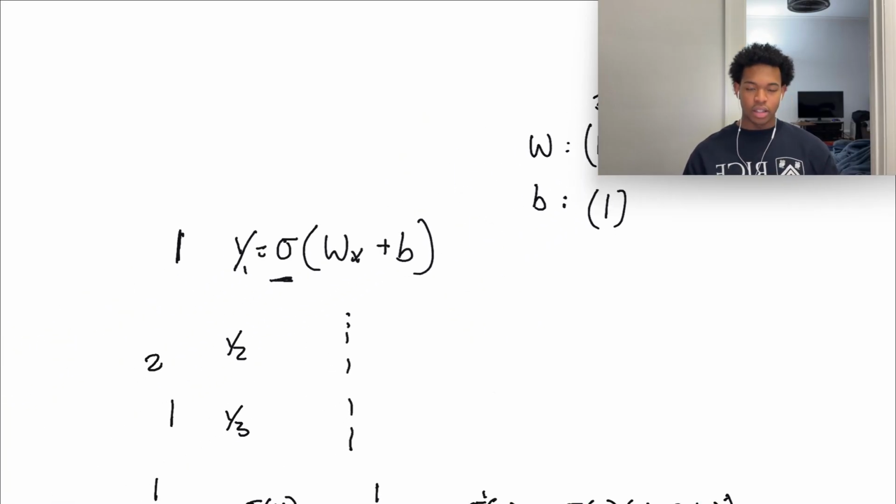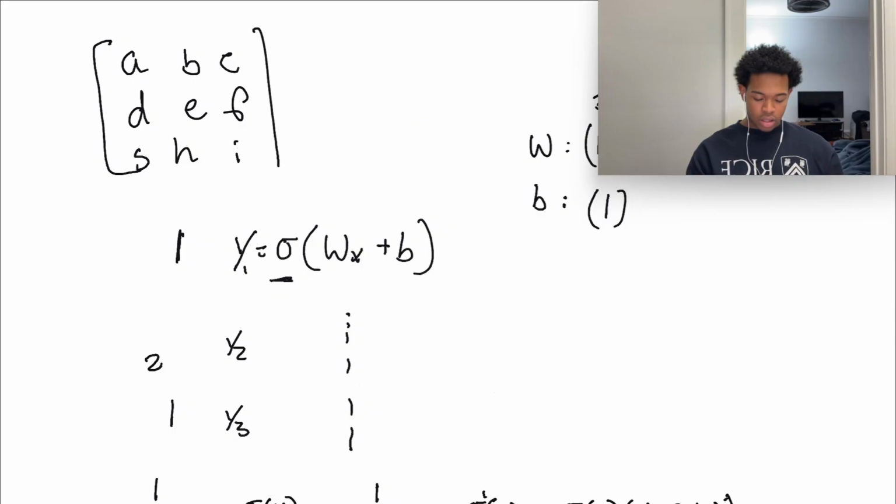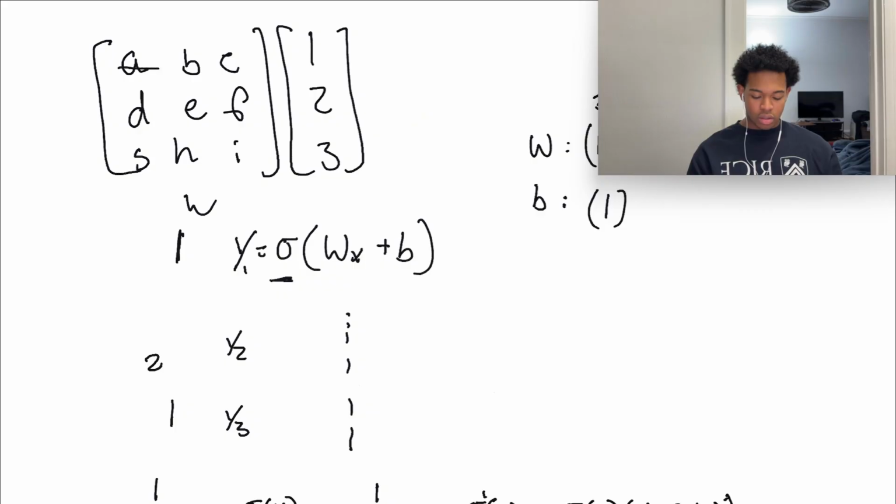And technically, just because of the way linear algebra works, if you have A, B, C, D, E, F, G, H, I, when you multiply this w by x, it's this row in this column, and that gives you this.